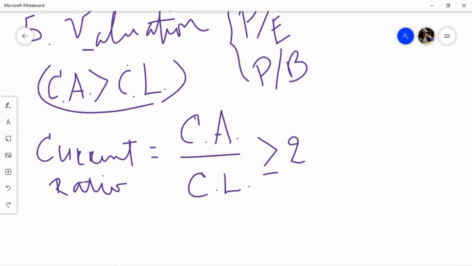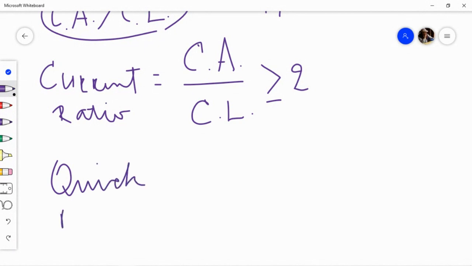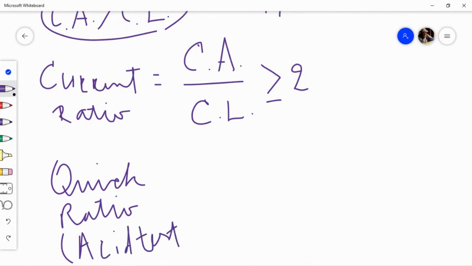The next thing is the quick ratio, or also called acid test. Acid test, the name already implies some urgency about it. Acid test is basically a litmus paper test, right?